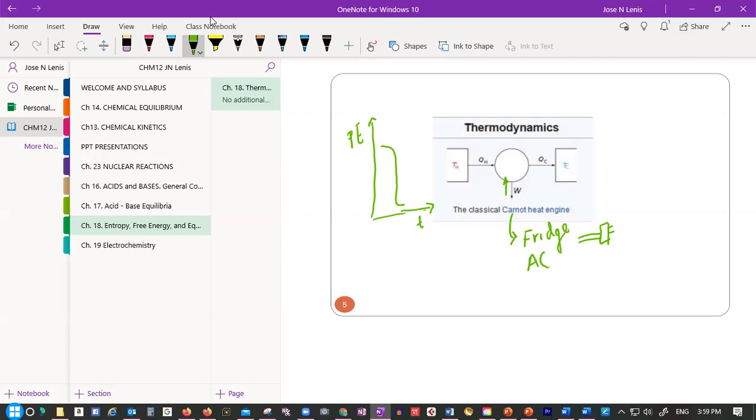And then they expand, they gain energy, they absorb energy from here, and then it cools down your room because it takes energy from your room. So that's one application of thermodynamics.